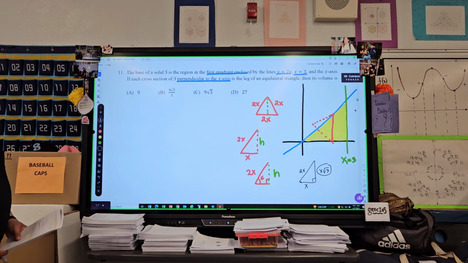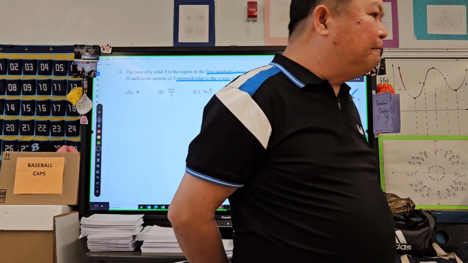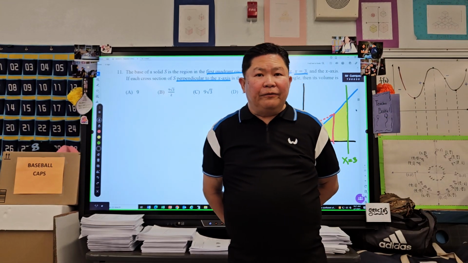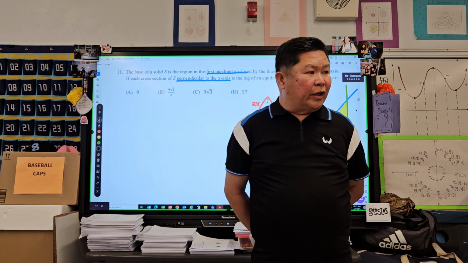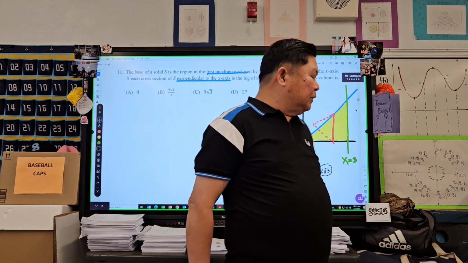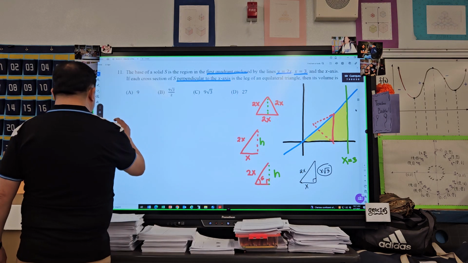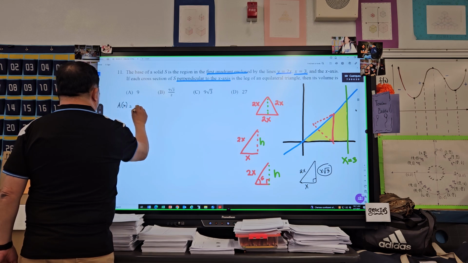So what's next, guys? What is the area of a triangle? 1/2 base times the height, or base times height over 2. So we have volume. So the area of this is equal to base times height over 2.